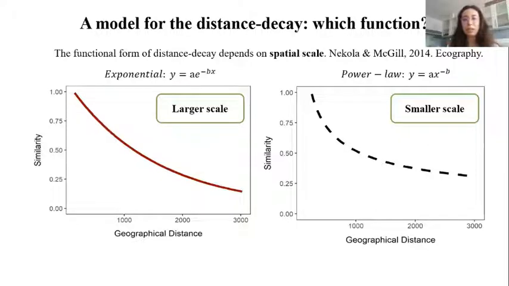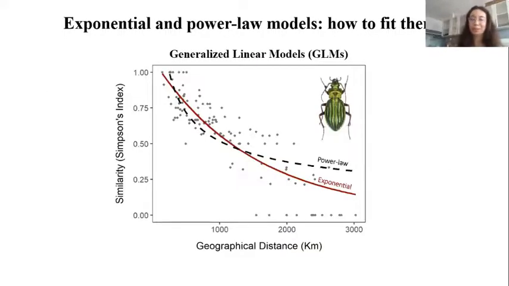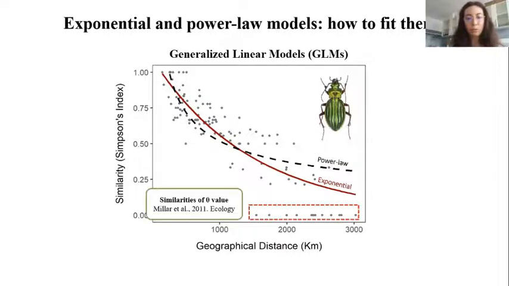However, if our data is in a smaller scale, we are very likely to obtain power law functions. Then we have candidate functions for our model. We need to fit it. And we have chosen to do so using generalized linear models because they allow for zero value similarities, and this way we can avoid introducing bias by removing them from the data.